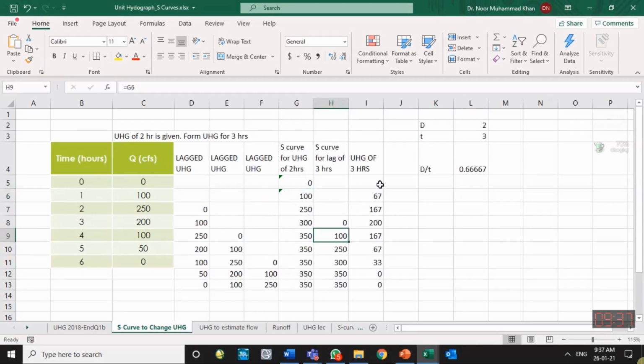Subtract them together, 0 minus 0, 100, and multiply by the factor D over T. Now D is 2 hours, T is 3 hours, so the factor is 0.667. So subtract them and multiply by 0.667, and you will get the unit hydrograph of 3 hours duration. So that is the new unit hydrograph, and this is the original unit hydrograph. In this way we can convert them.